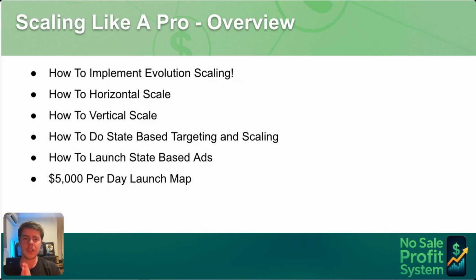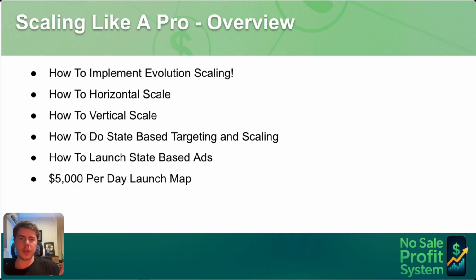So this is going to be a step-by-step guide teaching you guys pretty much everything you've learned so far in the training and including what you're learning in this module, but in a systematic process, just like our testing protocol, just like our evolution method, a launch map so you understand different checkpoints to hit and then different protocols to implement.